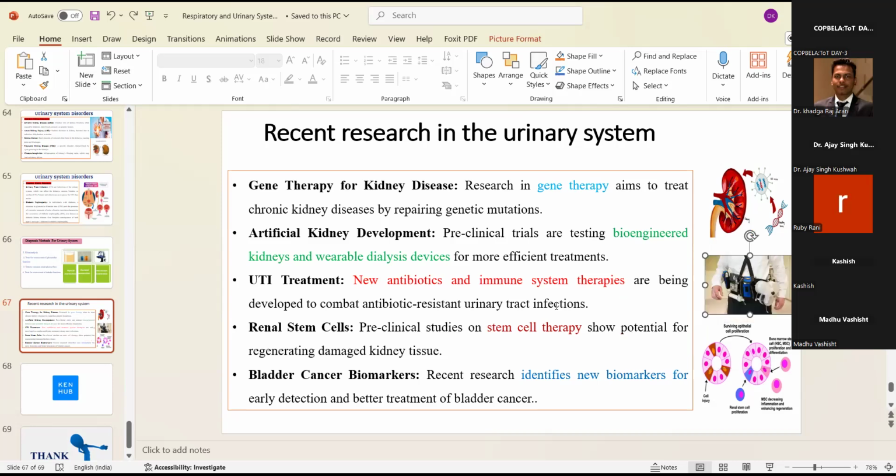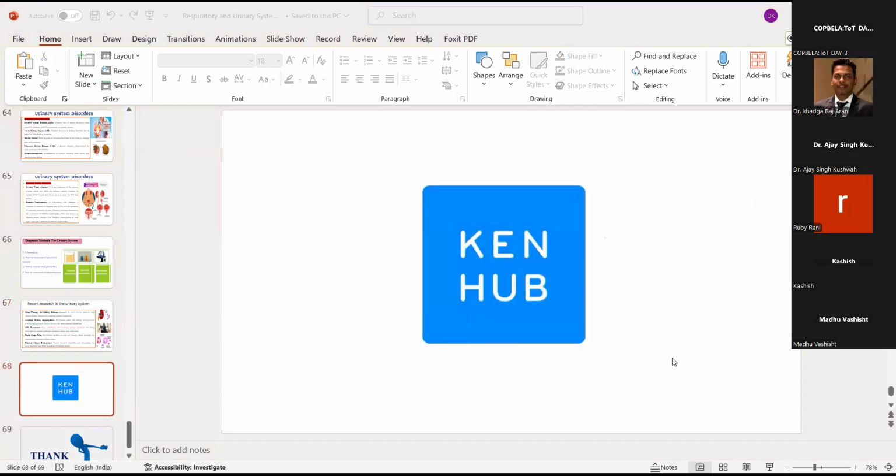As per preclinical studies, stem cell therapies show a very potential effect for the treatment of kidney diseases like CKD and AKD. Some biomarkers: research has found novel biomarkers for early detection and better understanding of kidney related disorders.